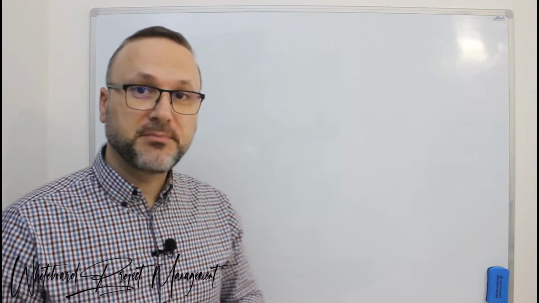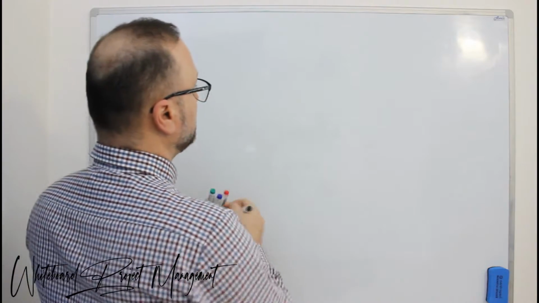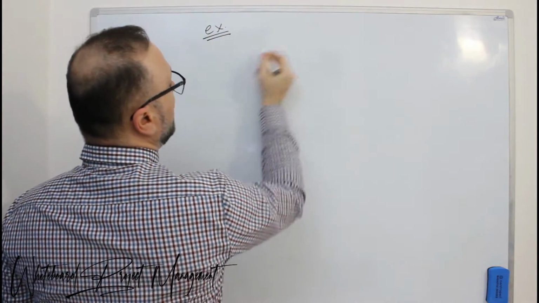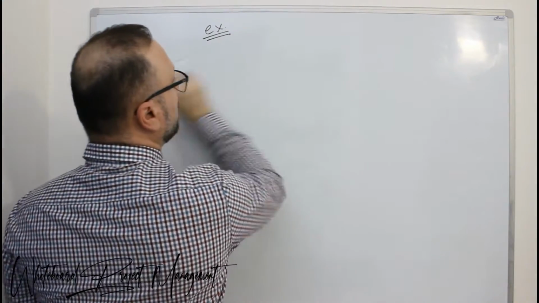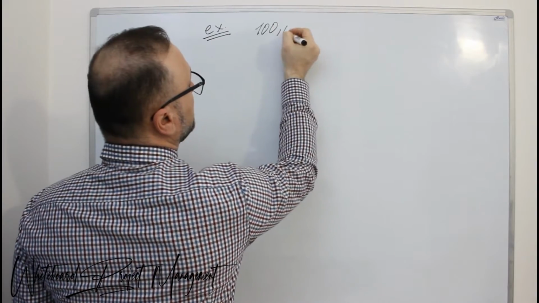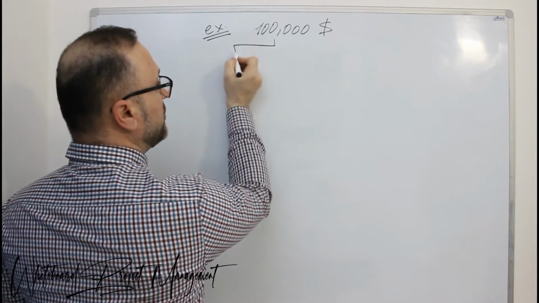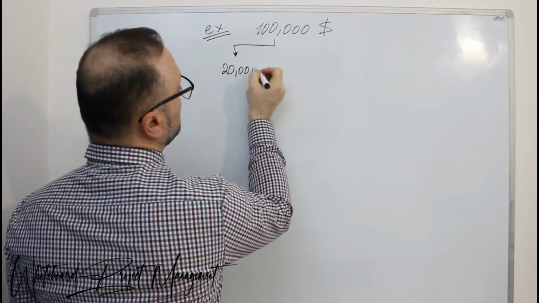Okay, let's take an example and explain it in figures. We have a contract with a value of 100,000 US dollars, and your payments are 20,000.